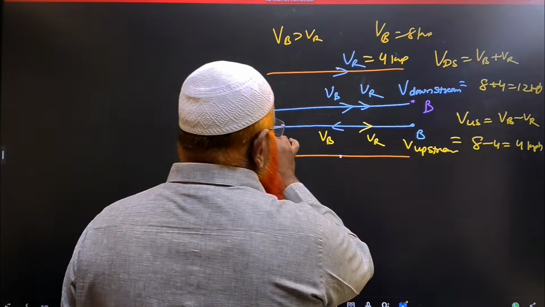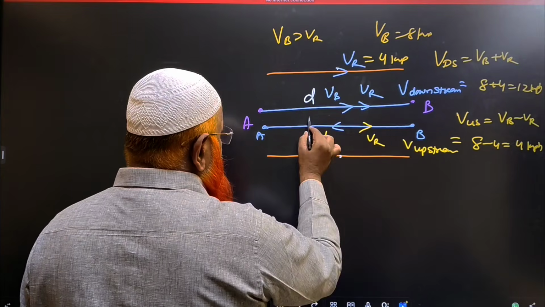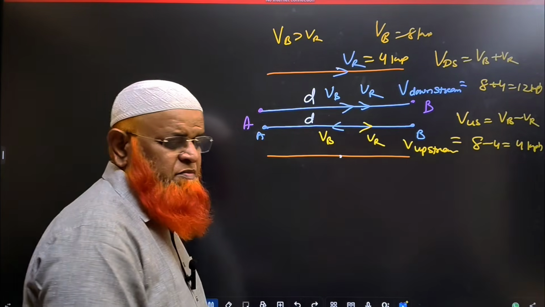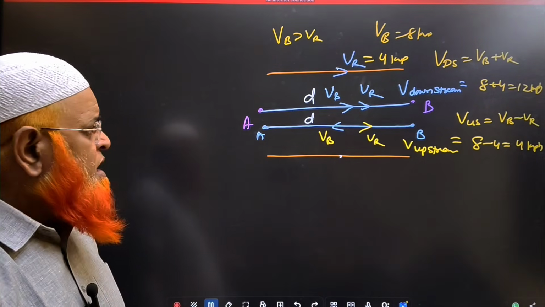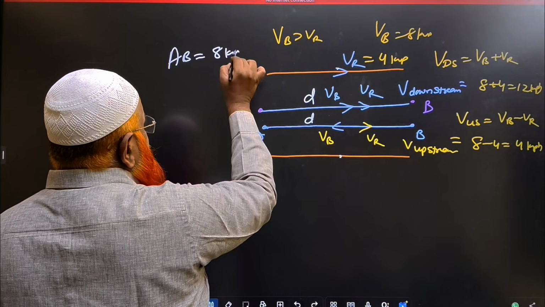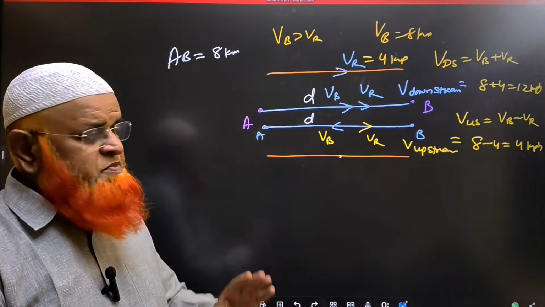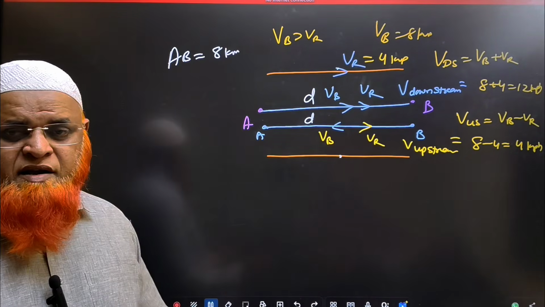So here from A to B, if the distance is D, from B to A the distance is the same here. Let us take the distance from A to B as just 8 kilometers. From A to B it is 8 kilometers, which means from B to A also 8 kilometers only.